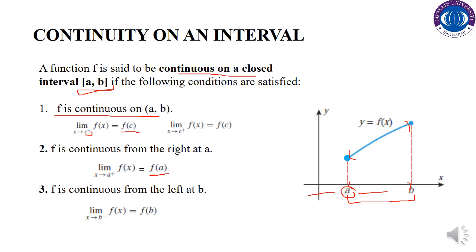Means if we look at the boundary point b, there is no graph at the right side of b. So there will be only one-sided limit, and that will be the left hand limit at b. So for continuity, the left hand limit at b must exist and must be equal to the value of the function at b.